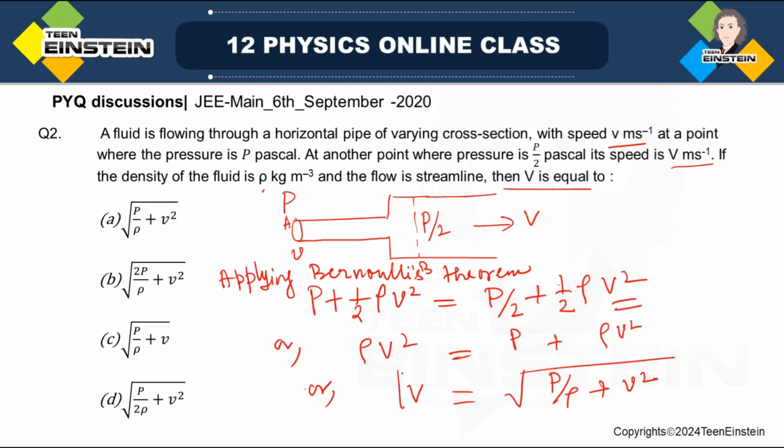This is the velocity at this particular point. So you look, the first option will be the correct answer.